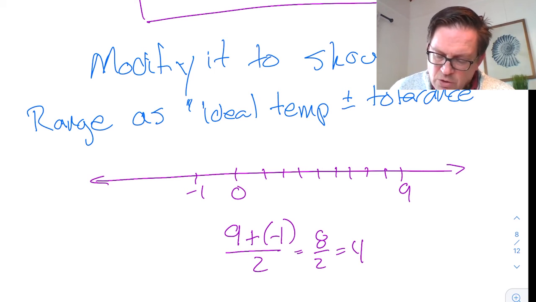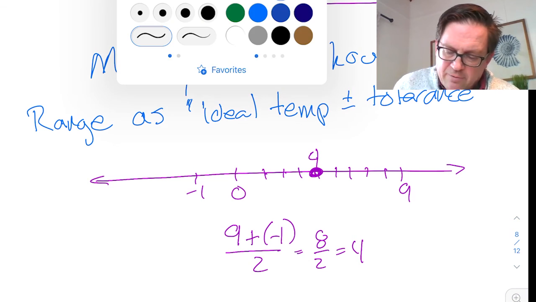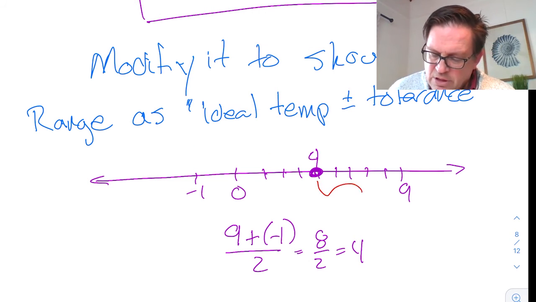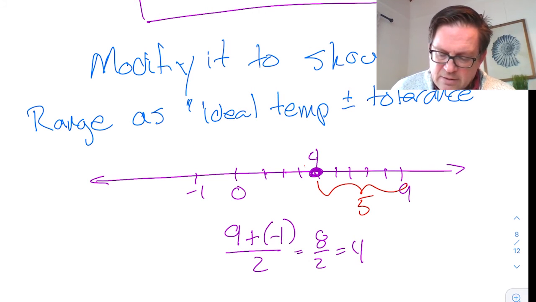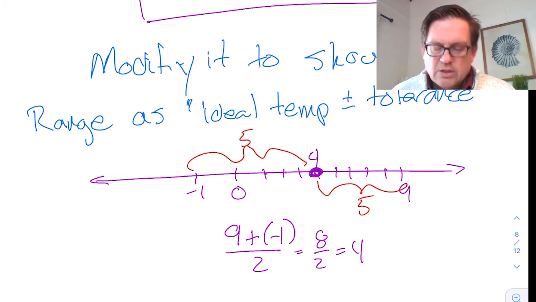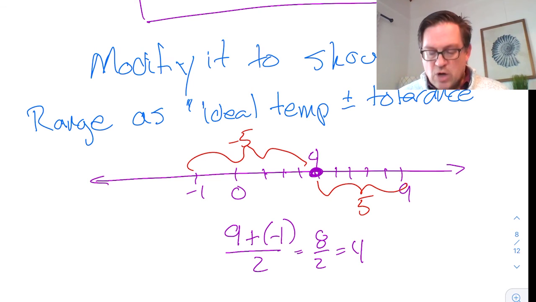So the midpoint is right there at 4. From 4, it's 5 units up to 9, and it's 5 units back to -1. So you can describe this interval as centered at 4, up 5 or down 5.